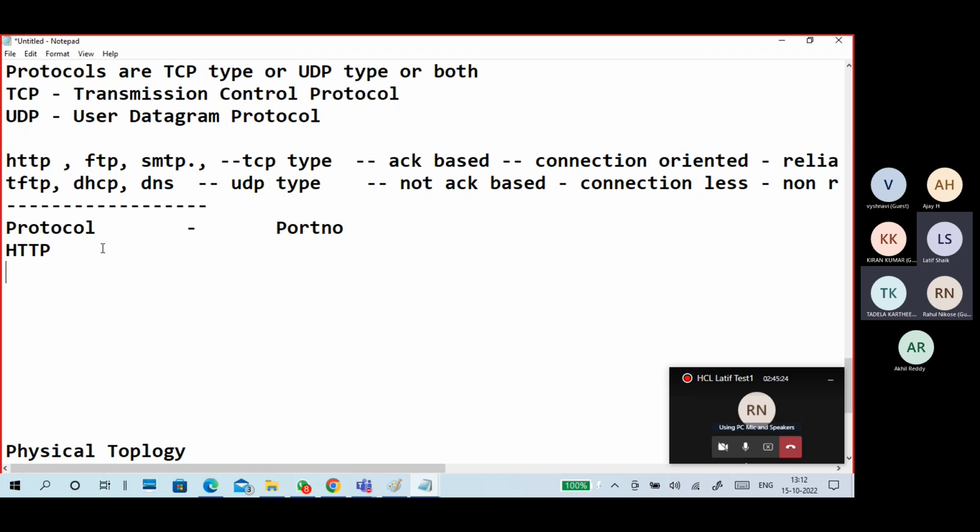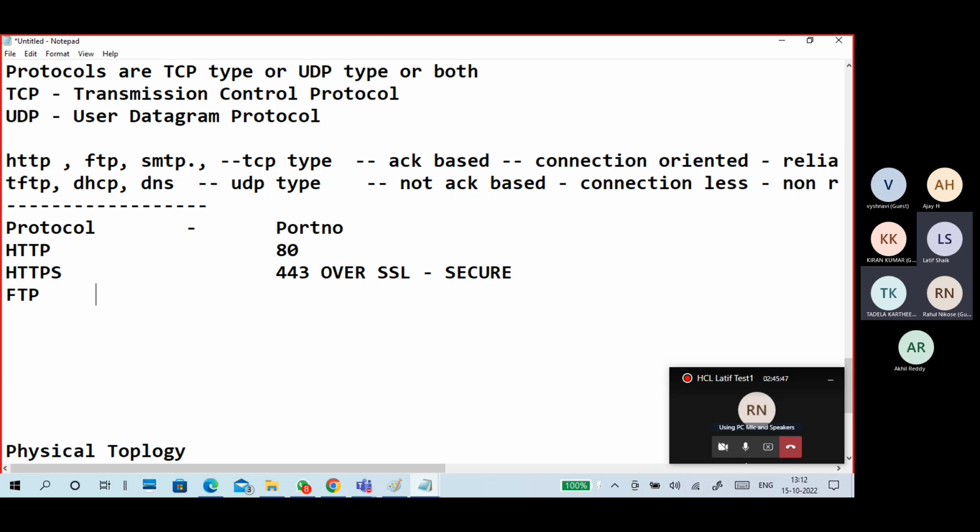HTTP, HTTPS, both are used for web access. HTTP is a regular protocol for web access, but HTTPS is over SSL, means it is secure. S means secure.